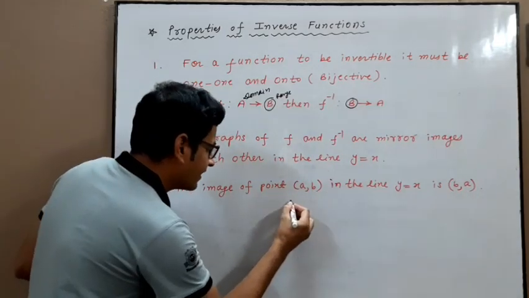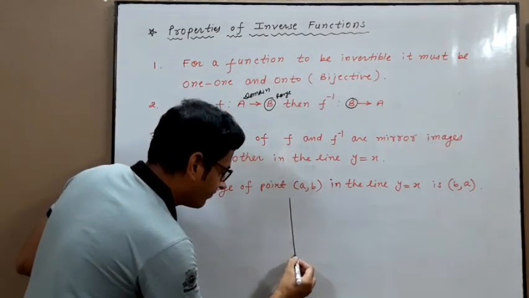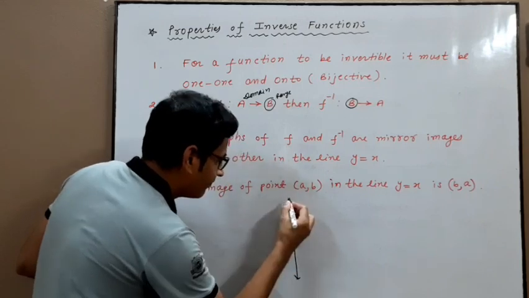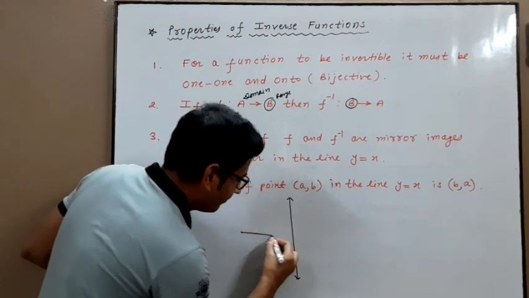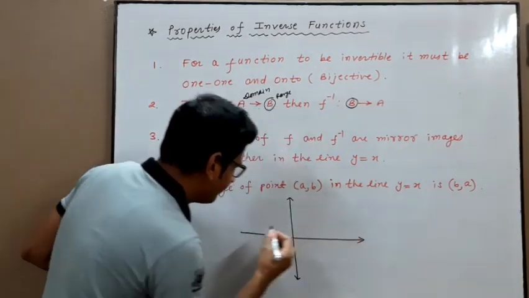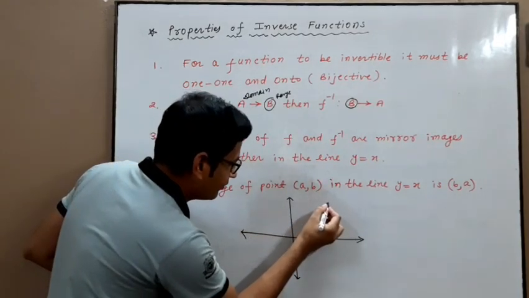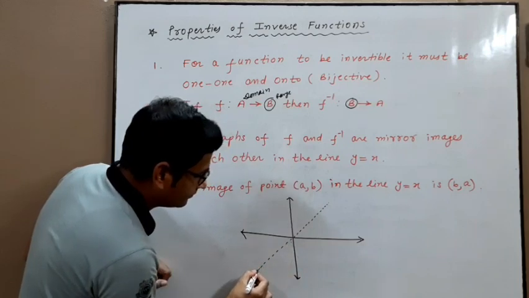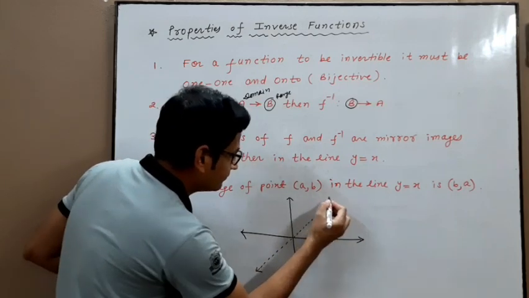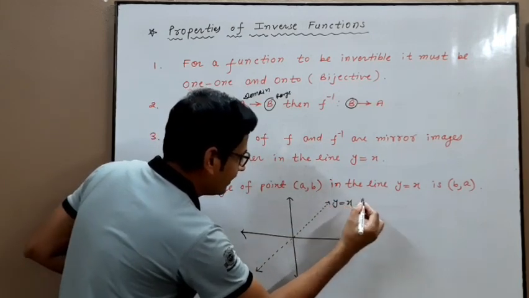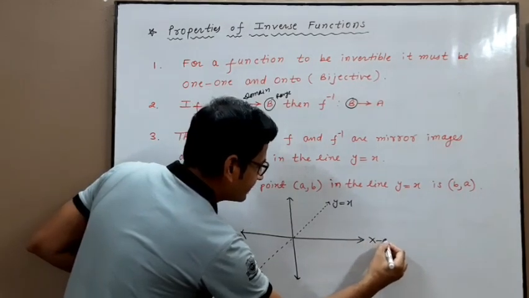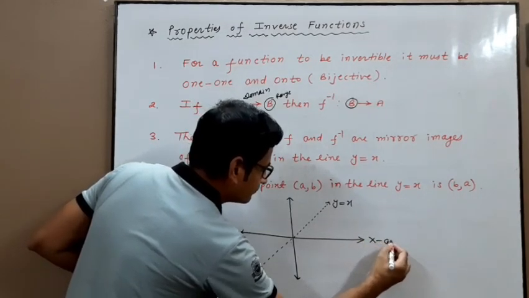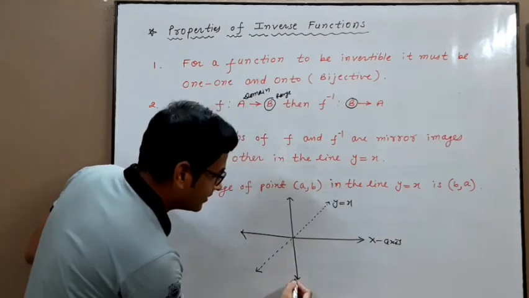For example, see the graph. First draw the line y equal to x. This is y equal to x, this is the x axis, and this is the y axis.